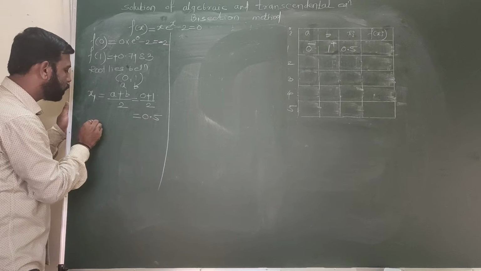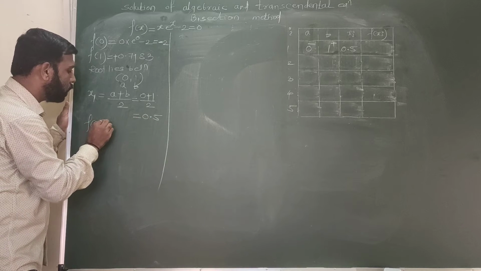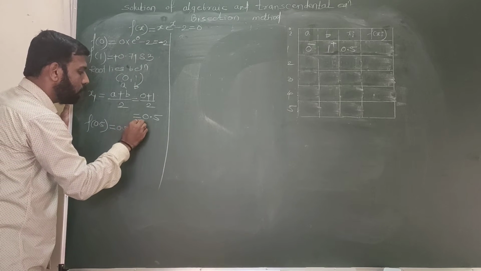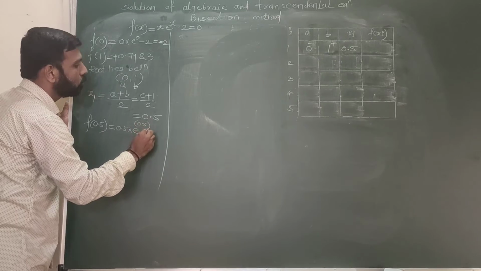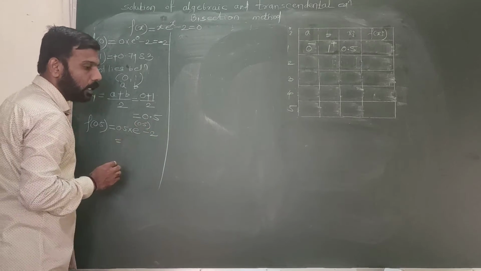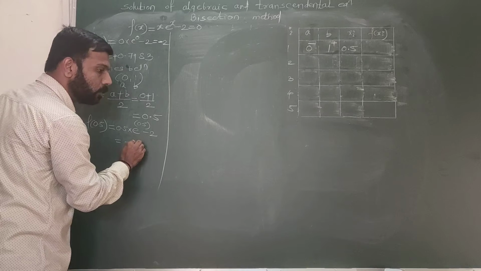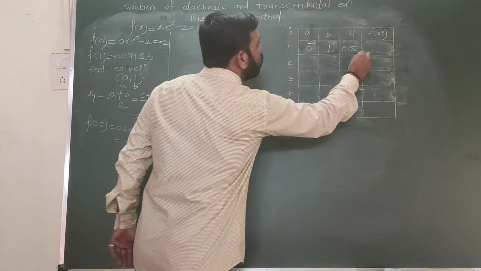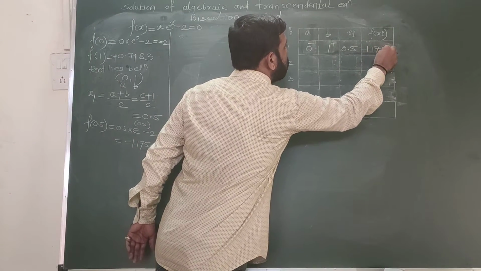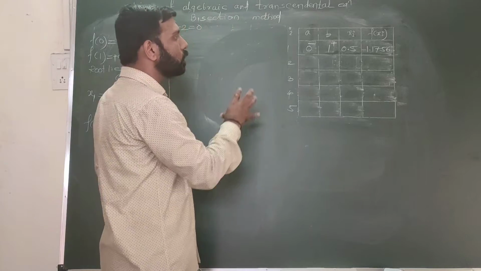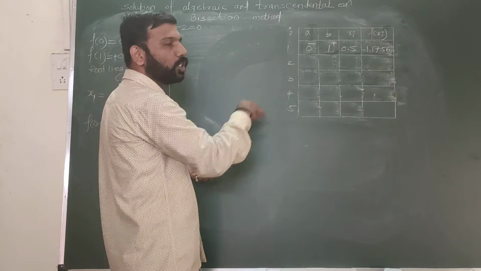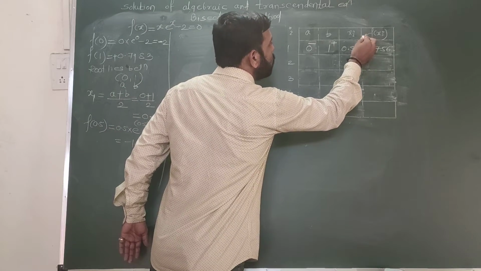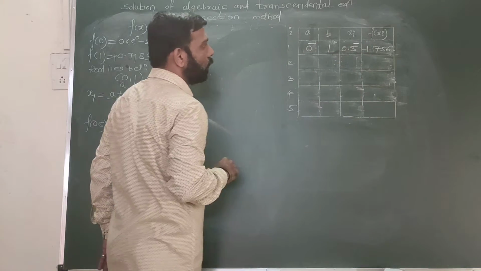Substitute 0.5 in the equation: 0.5 into e raised to 0.5 minus 2, and the output is minus 1.1756. This is for our understanding, so we understand what procedure is going on in the bisection method. Now put this minus symbol for 0.5.